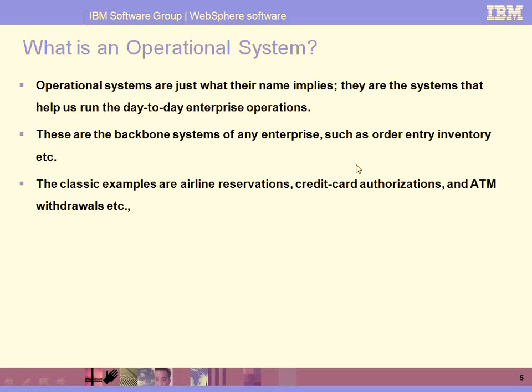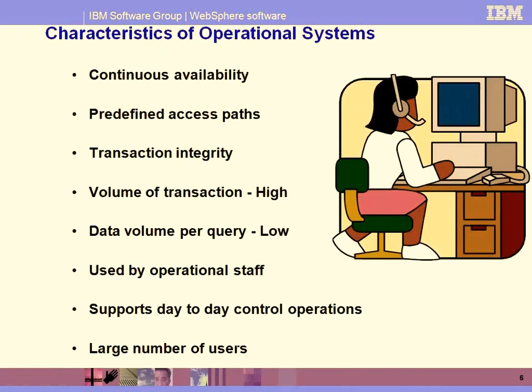What are the basic characteristic features of this particular operational system? These are continuous availability and predefined access paths. Continuous availability of operational systems means, if you take the call center of any banking industry or telecom sector, it will be available 24/7.